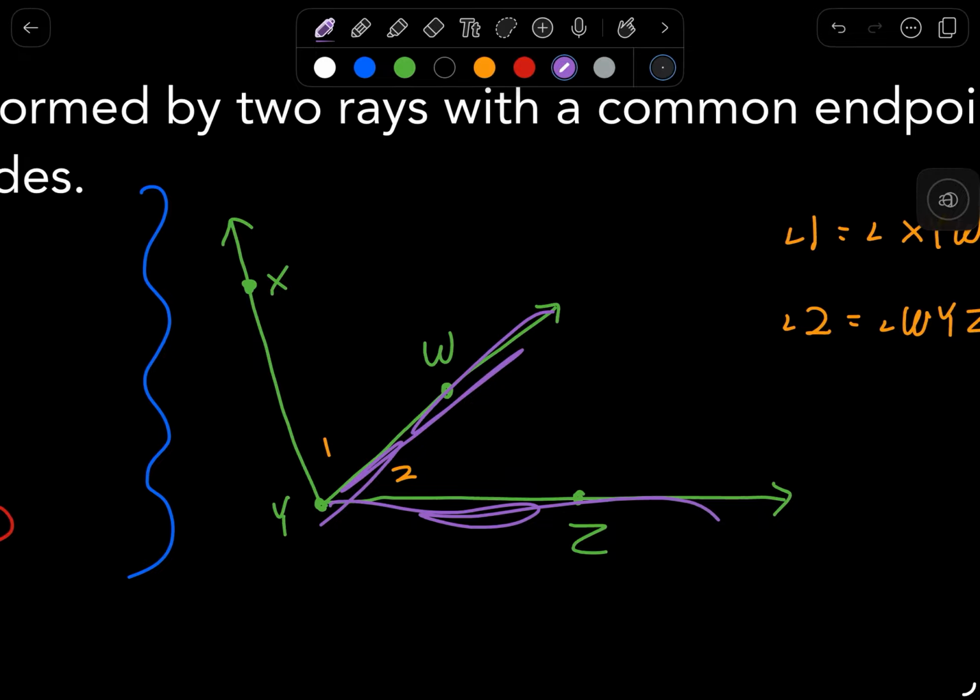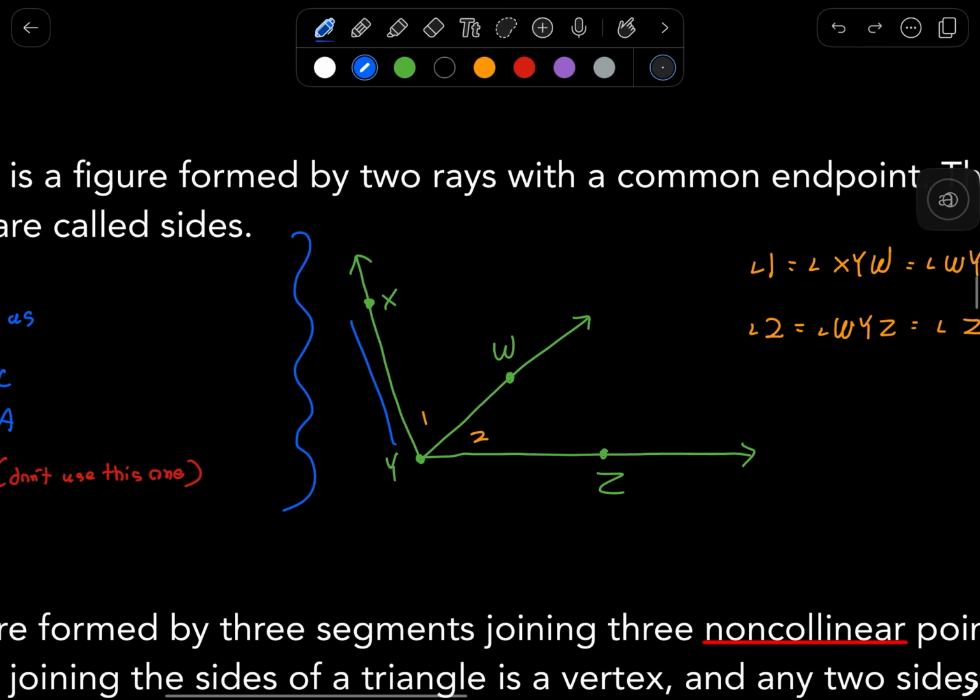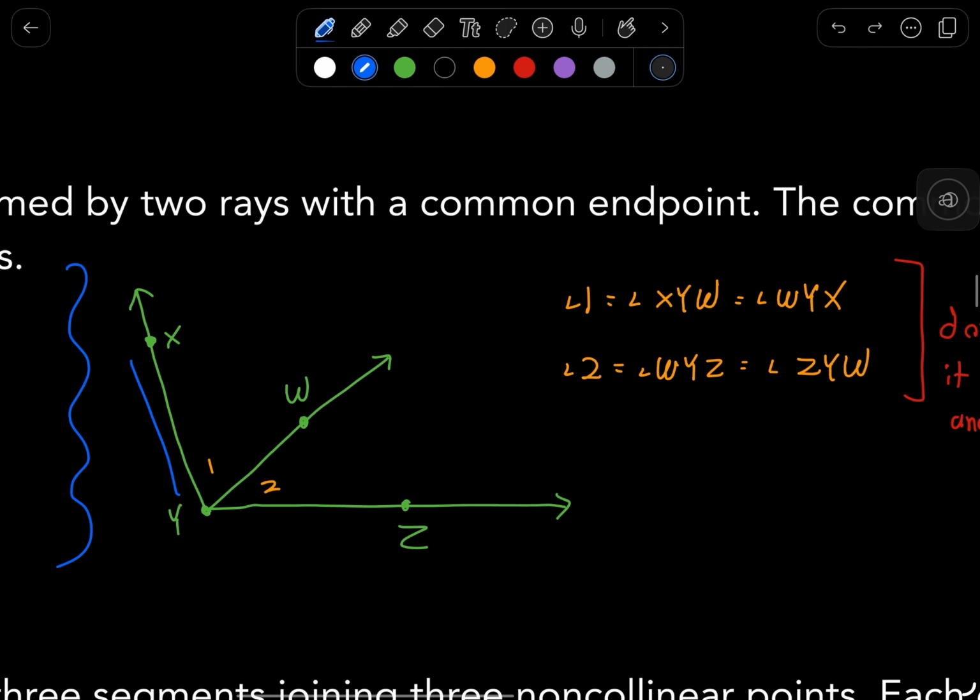Now, how would we name angle 1? I told you to follow a path in your head. We start at X, go to Y, and come back out at W. So this would be XYW.